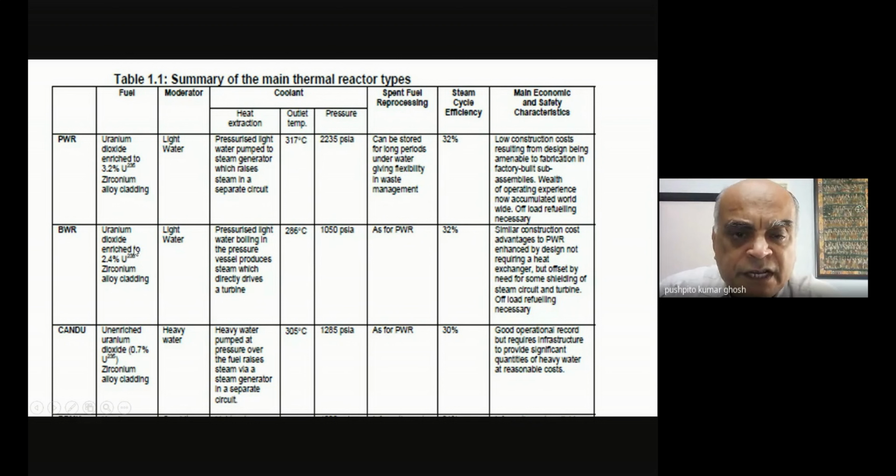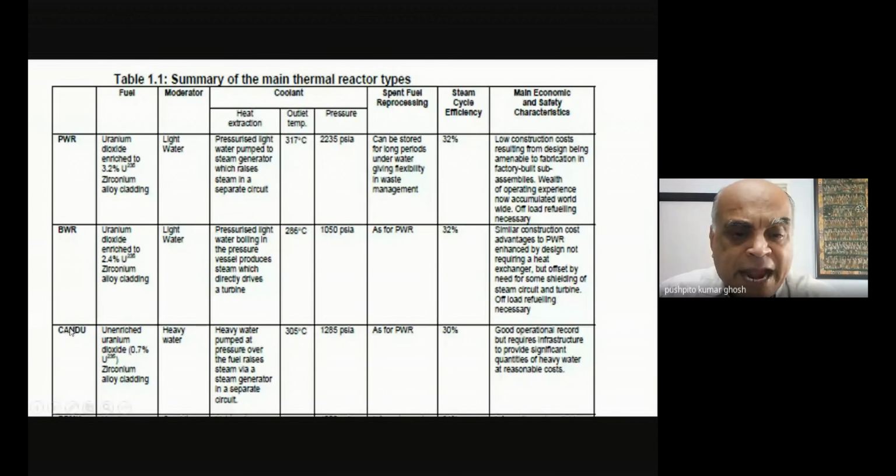Whereas here, because this water is constantly in touch with these uranium rods, there can be traces of radioactivity present in the water which is actually going into the turbine. So you need some special kind of radioactive shielding in the boiling water reactor as compared to the pressurized water reactor.